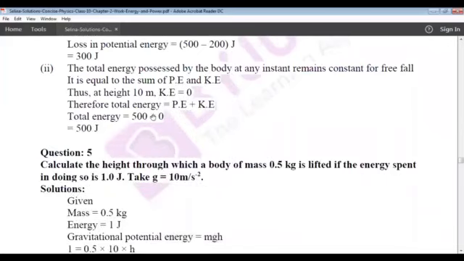The total energy possessed by the body at any instant remains constant for a free fall. It will be equal to the sum of potential energy and kinetic energy. In this case, the kinetic energy is 0 because at the highest point the kinetic energy will be 0. Therefore, the total energy will be 500 joule plus kinetic energy, that is 0. So it will be 500 joules.